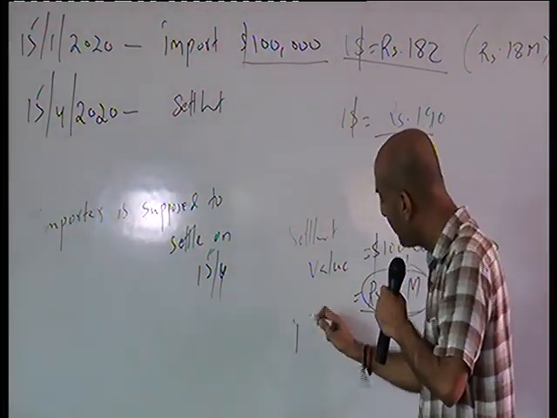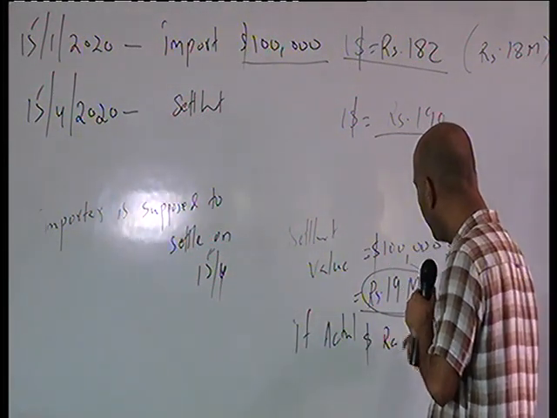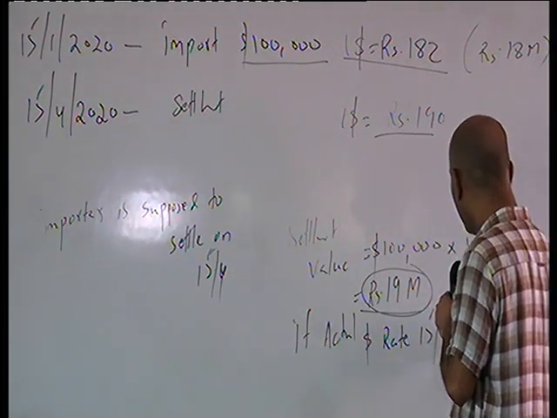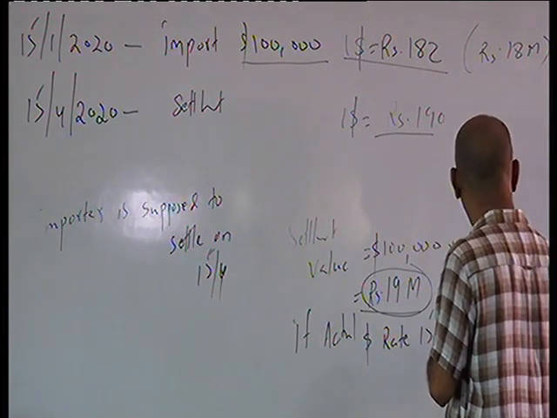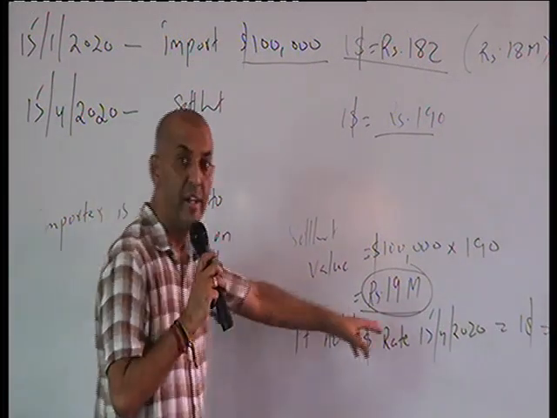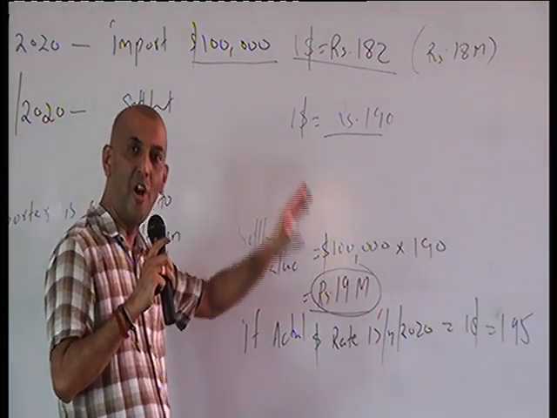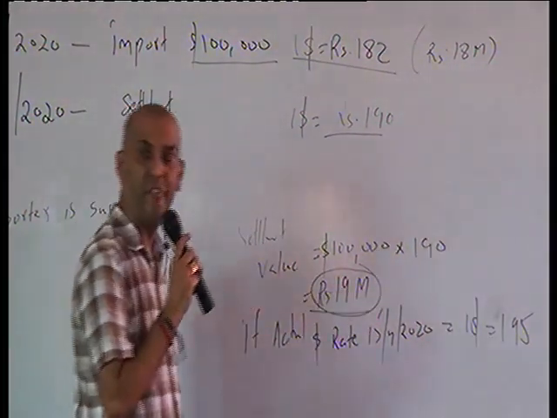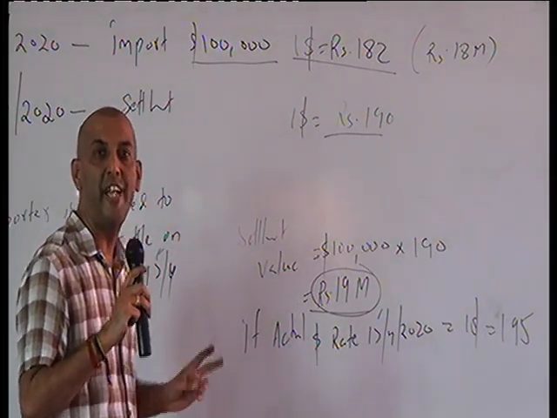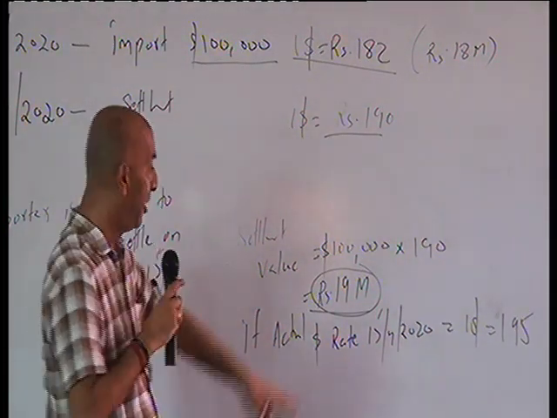If the actual dollar rate on 15th of April 2020 is $1 equals 195, how much is your cost of settlement? 19.5 million. You are losing more than with your forward exchange contract.